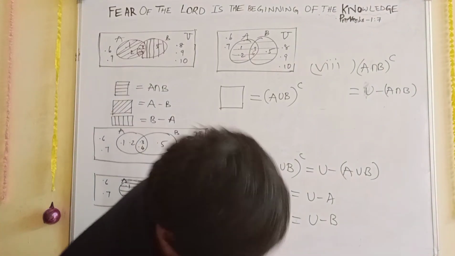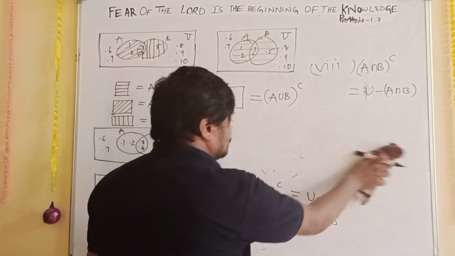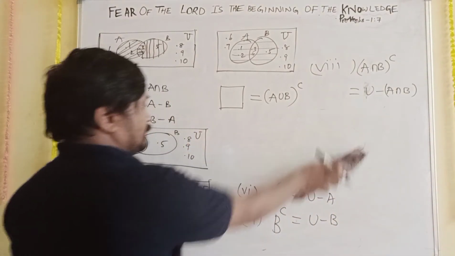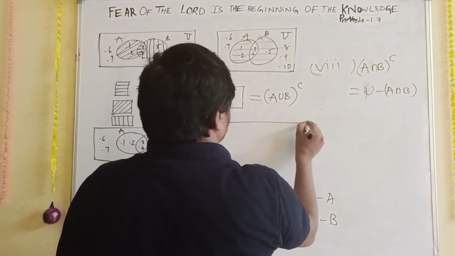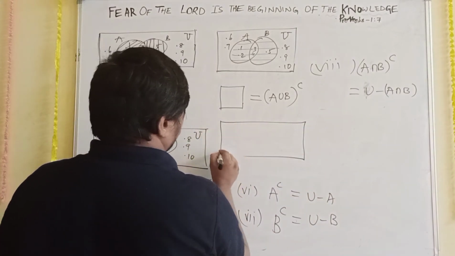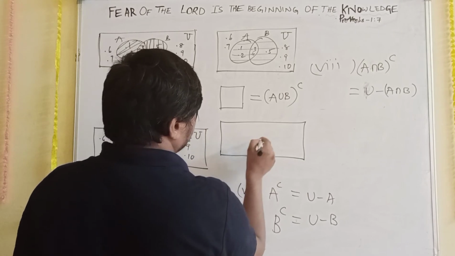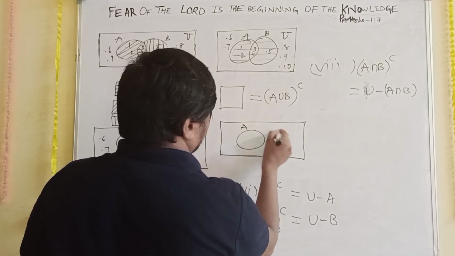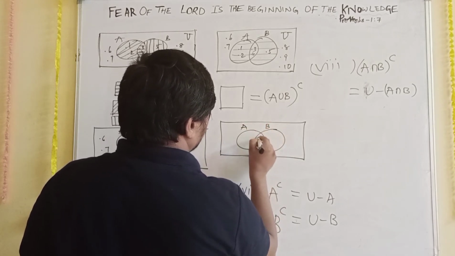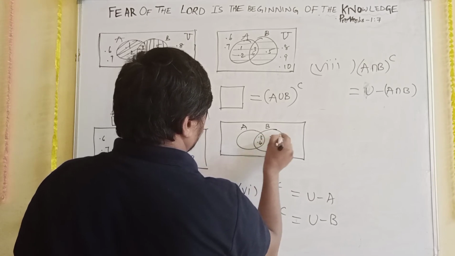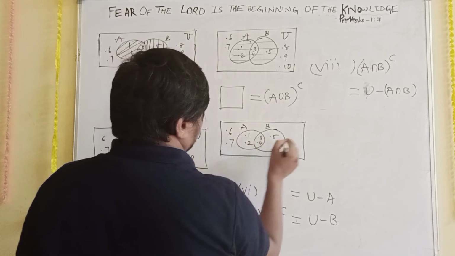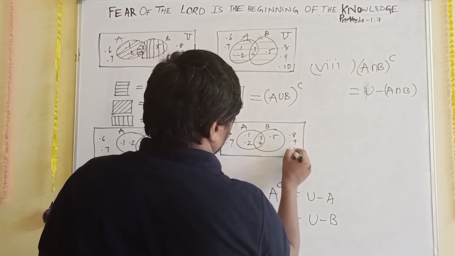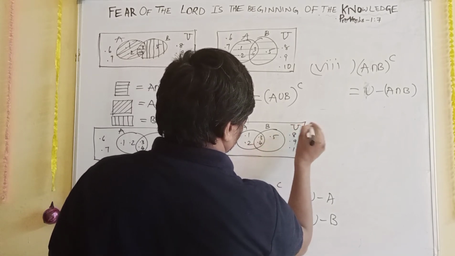So let me go for A complement first. So what is A complement? So now let me go for A complement. Yeah, A, and this is B, 3, 4, 5, 1, 2, 6, 7, 8, 9, 10 and union.